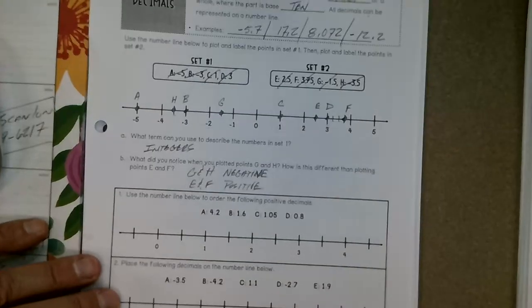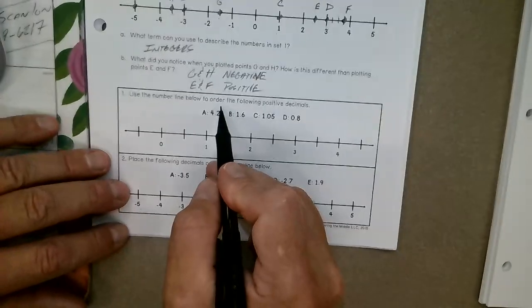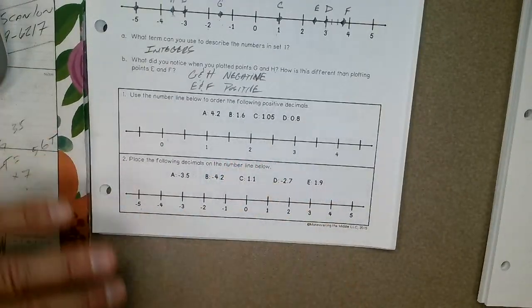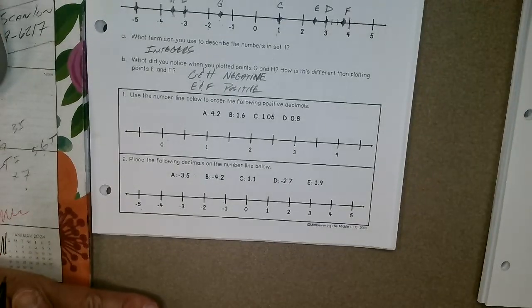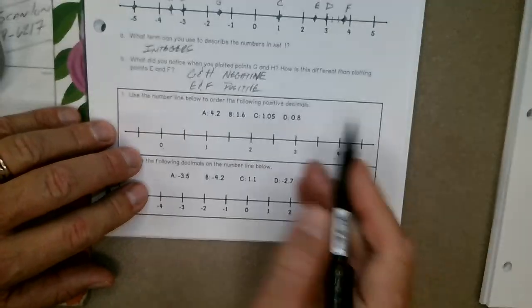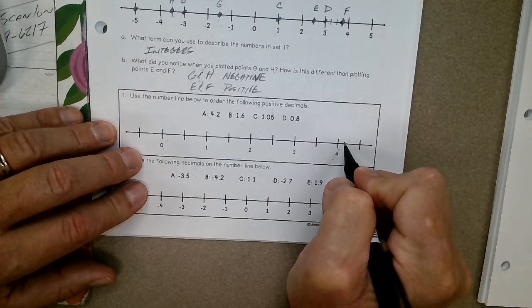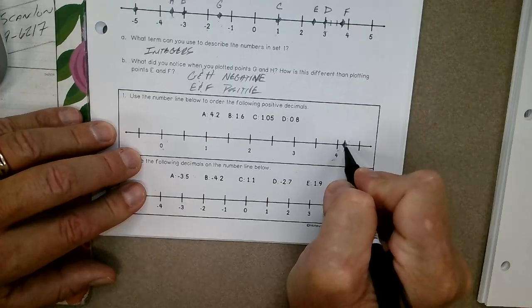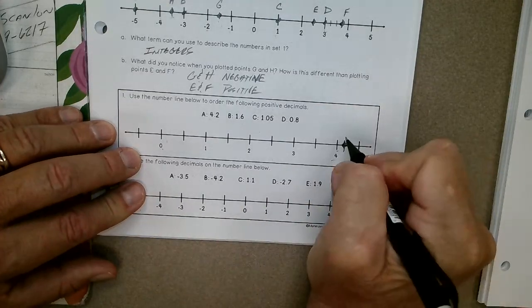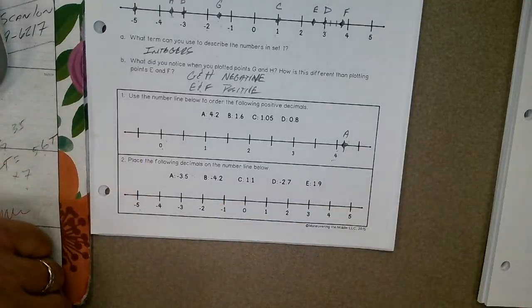Number one. Use the number line below to order the following positive decimals. Here's 0, here's 4, A. Here's 4, here's 4.5. 4.2 is probably going to be about right there, and I'm going to put a plot. That's going to be letter A. We're kind of guesstimating a little bit.